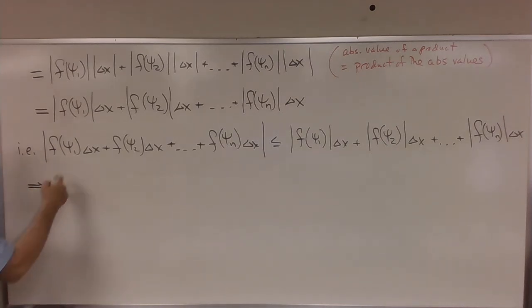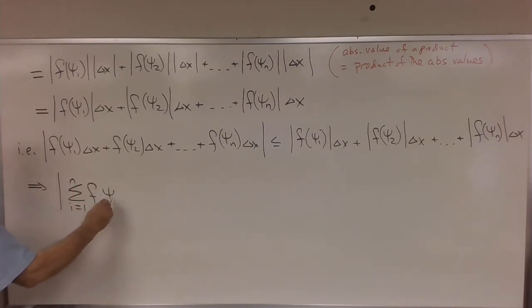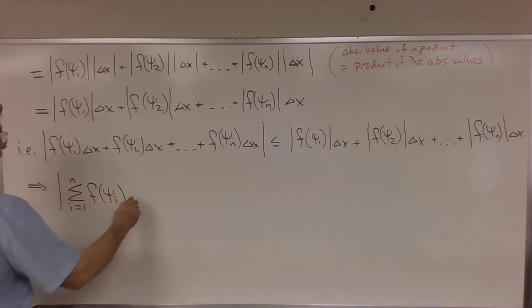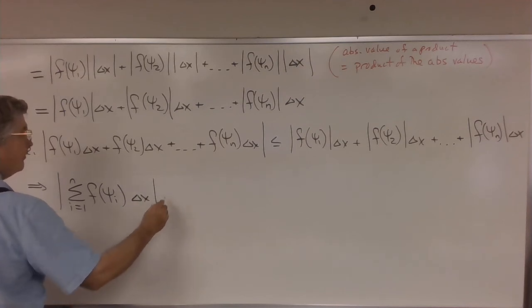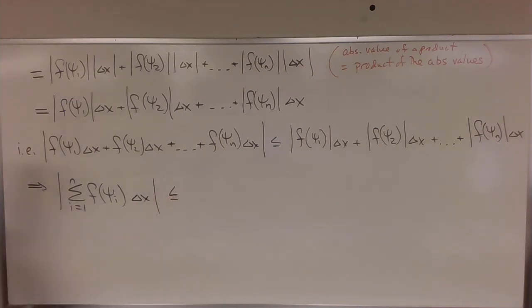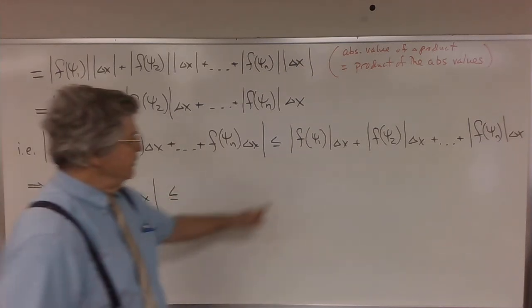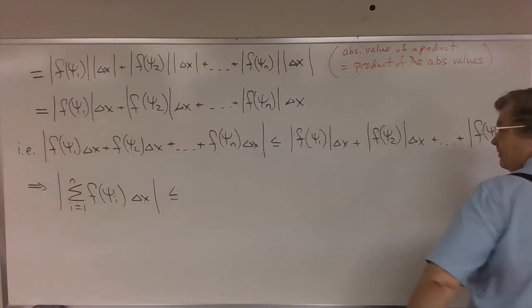And we have essentially the absolute value of the sum of these things less than or equal to the sum of all of these terms.